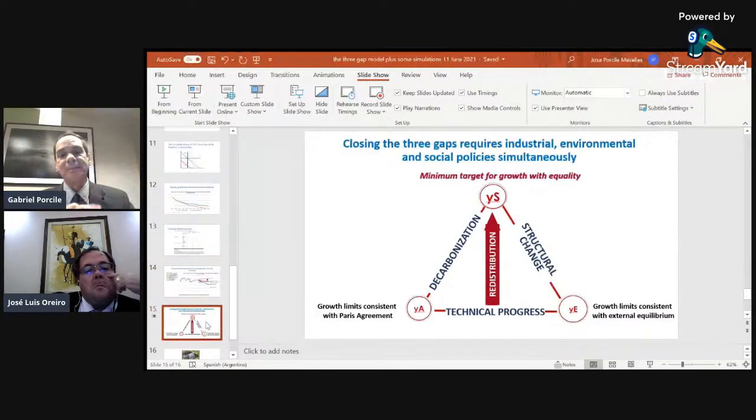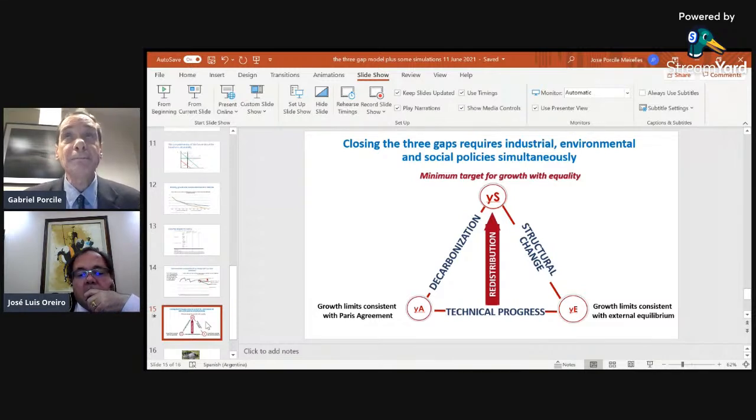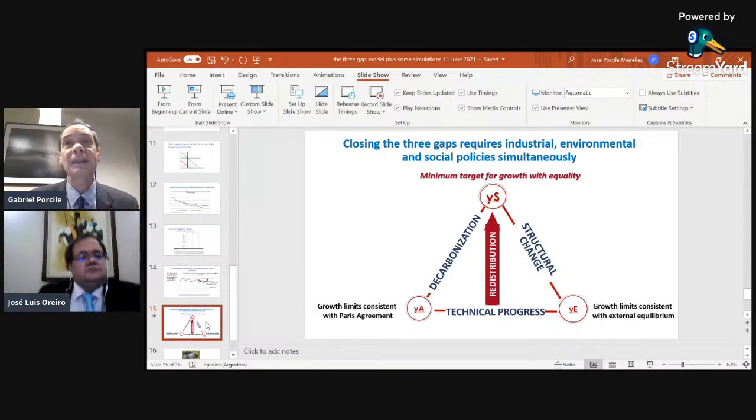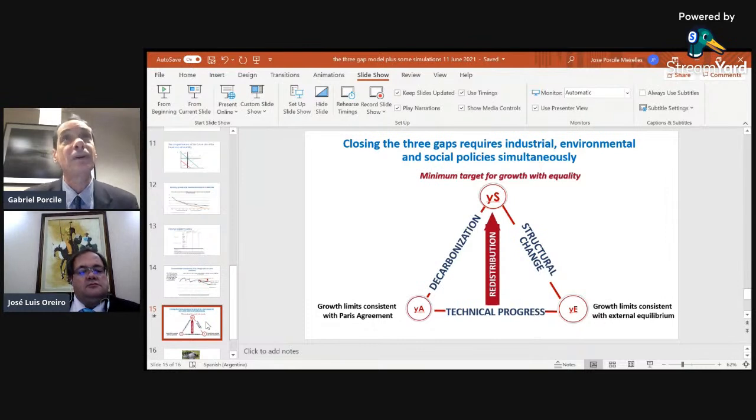So this is the challenge. This is what we could put together and discuss together, bringing together the insights from ecological economics, the insights from the balance of payments constrained rate of growth, and the very important insights from the political economy of democracy if we want to have sustainable development.